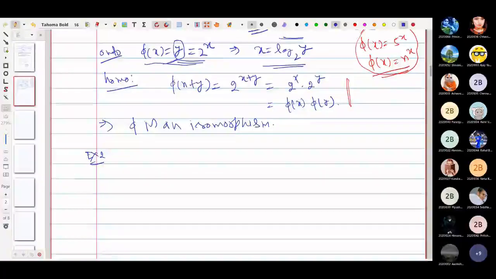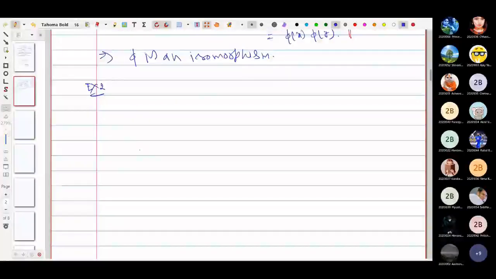Example number 2. This is a most important example, and this is going to help all of you in the long run. So many questions come from here, so please remember this result.